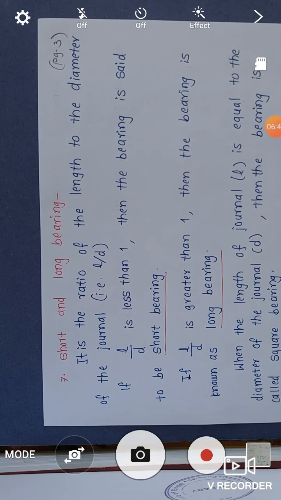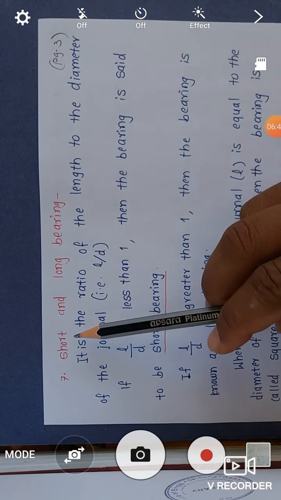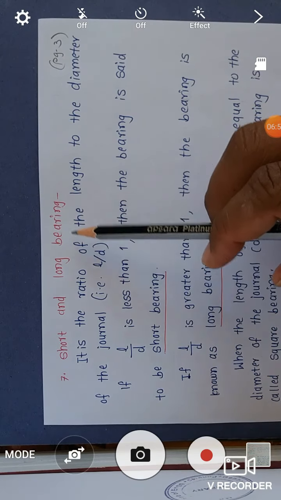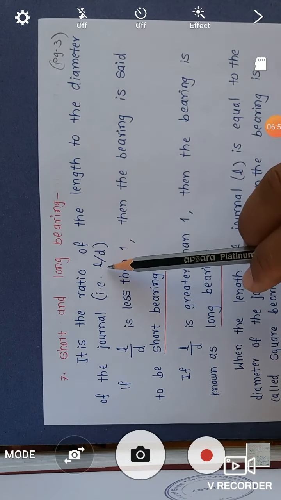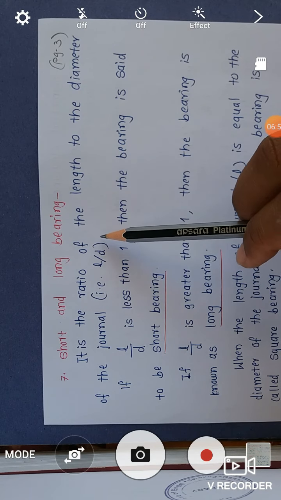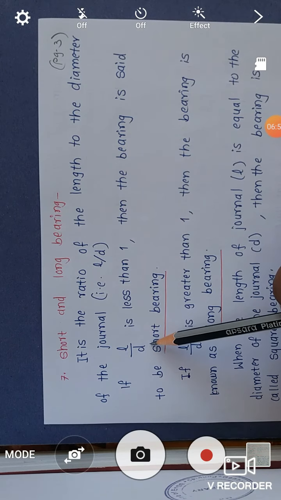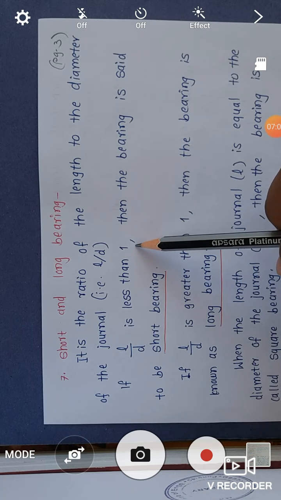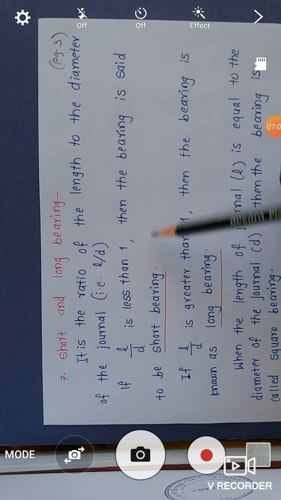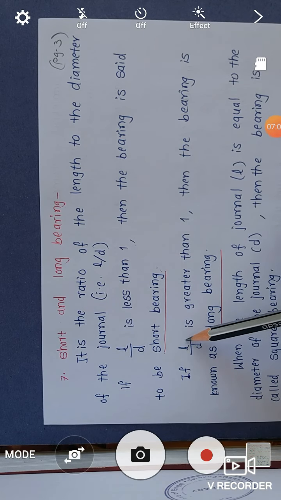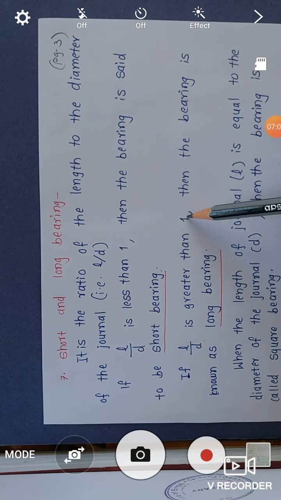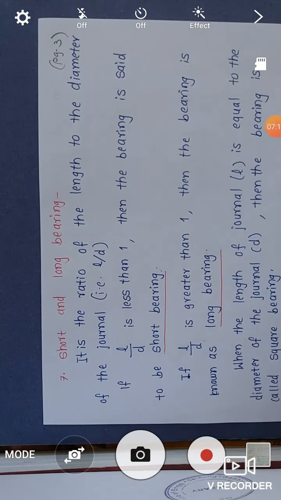If we see the next term, that is short and long bearing, it is the ratio of the length to the diameter of the journal, that is L divided by d. If L divided by d is less than 1, then the bearing is said to be a short bearing, and if L upon d is greater than 1, then the bearing is known as a long bearing.